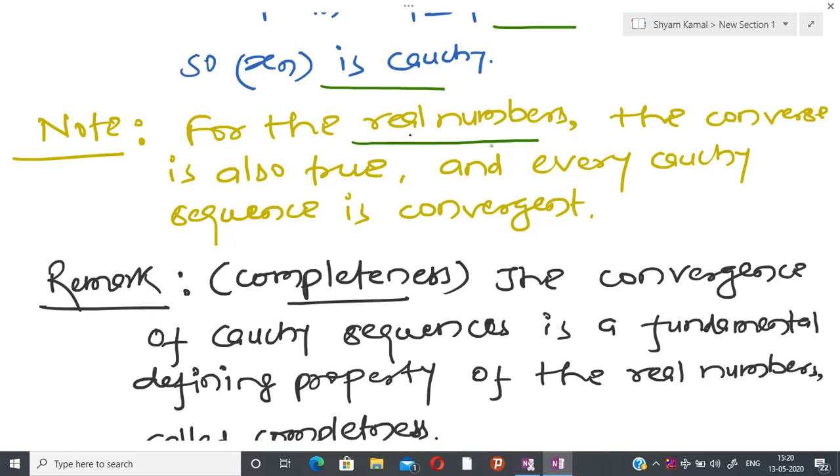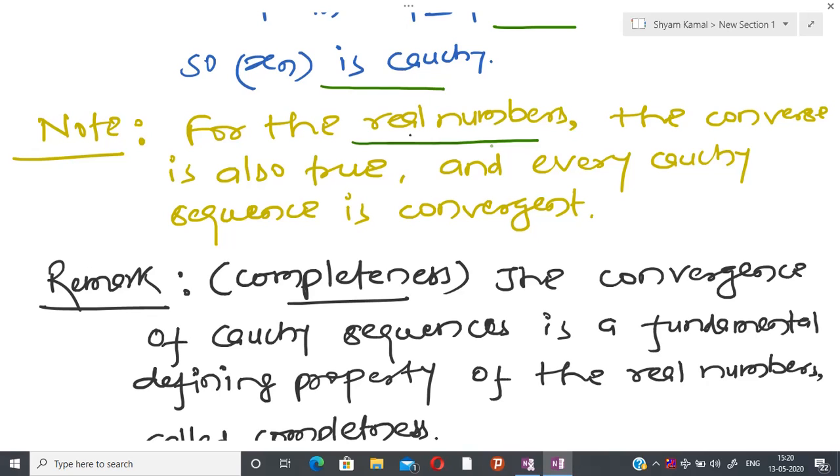Suppose the sequence is generated by some function, some matrix or something; if we go to higher dimensional space, the same quantity can be represented by a column vector, by matrices, by polynomials, by functions. At that time we have to look carefully at this point. But it is obvious that every convergent sequence is always Cauchy, while a Cauchy sequence may or may not be convergent.